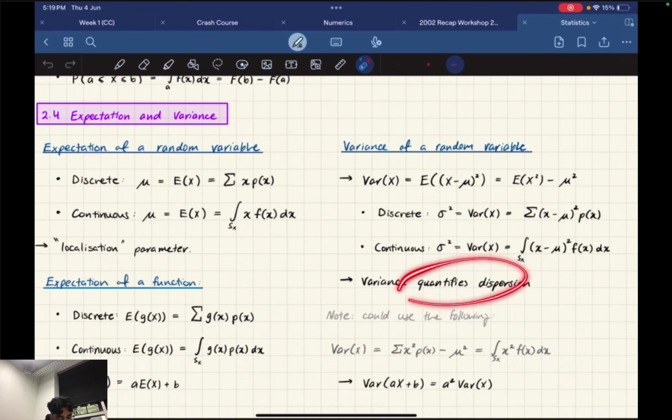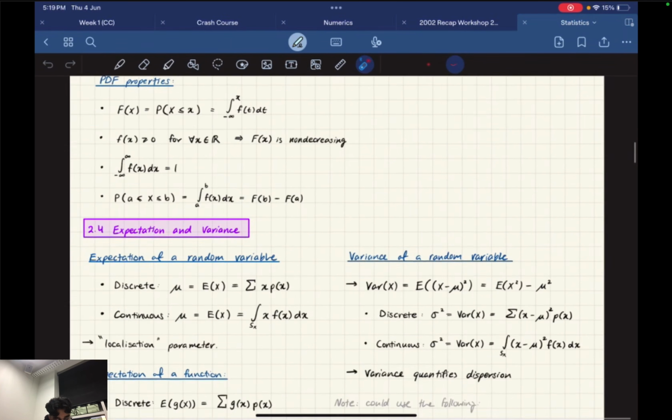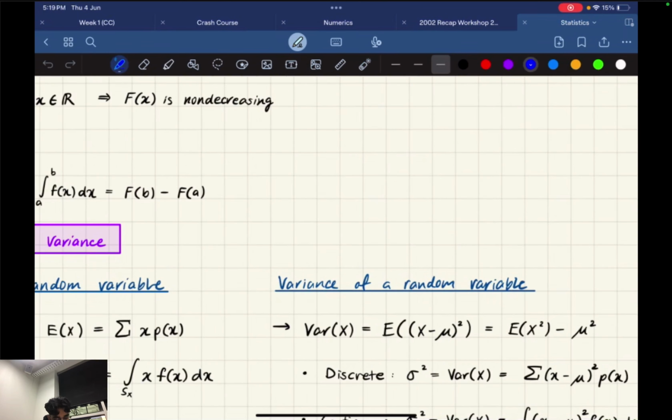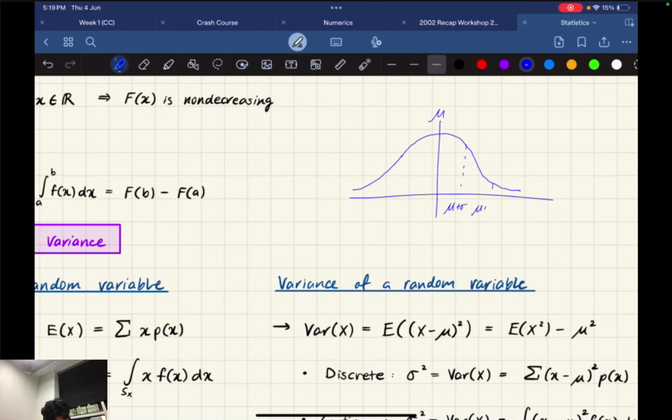Variance quantifies dispersion, right? And when you're talking about standard deviation, I'm sure you guys have seen this before, your normal distribution. So let's say this is the mean, this is mean plus standard deviation, mean plus 2 standard deviations, mean plus 3 standard deviations. Similarly, on the other side, it's going to be mean minus standard deviation, mean minus 2 standard deviations, mean minus 3 standard deviations.